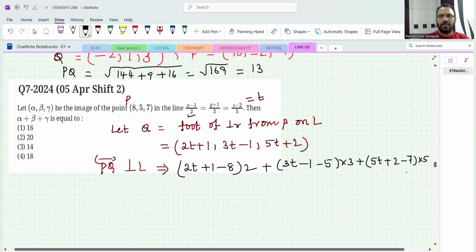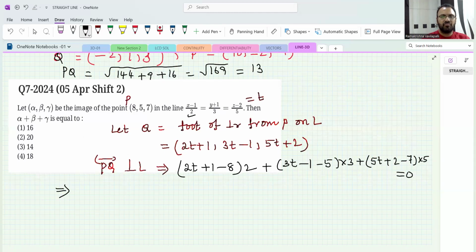Now only the simplification part is left: it is 4t minus 14, 9t, minus 18, 25t minus 25 equal to 0. We need to find out the value of t.